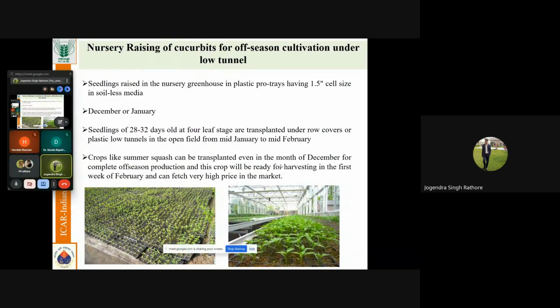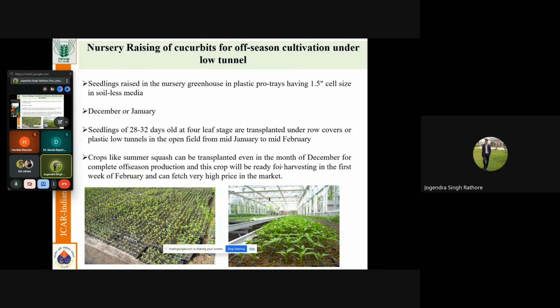So this is all about nursery raising of cucurbits for off-season cultivation in low tunnels. Basically, we can go for seedling raising under a nursery house or greenhouse in plastic protrays having 1.5 inch cell size. Obviously in off-season, we go for sowing in the month of December to January, and we already discussed that in the case of cucurbits, low temperature is going to affect your germination.